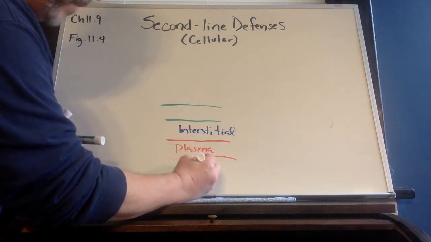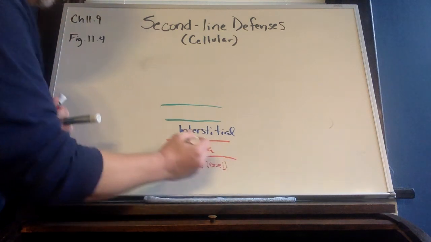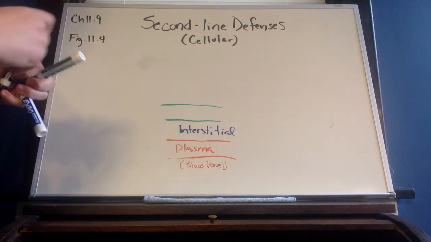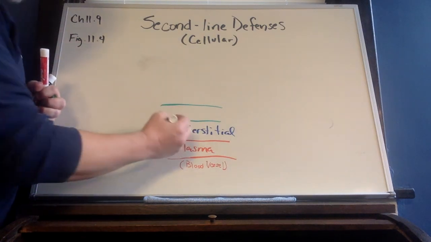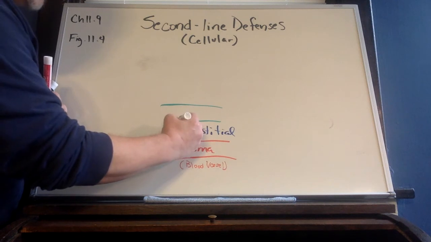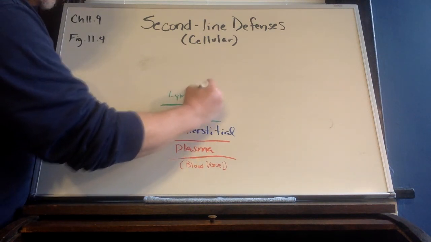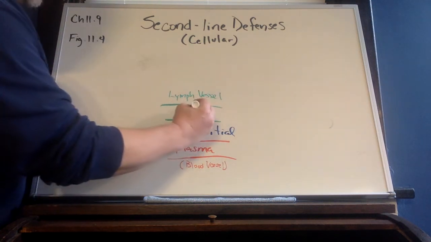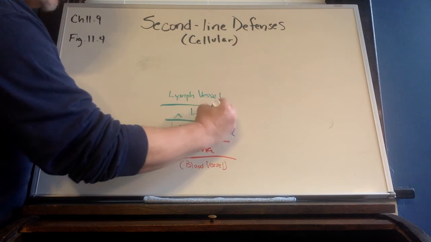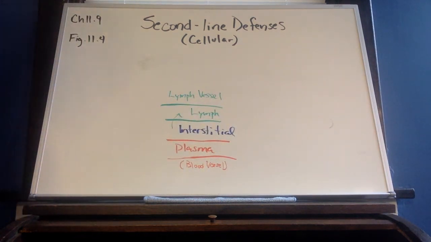So the red is my blood vessel. The fluid outside of it is the interstitial fluid. And then the fluid does not go back into the blood vessels, but instead it will go into the lymph vessels. And as soon as the interstitial fluid moves into that, the lymph will now reside within that lymph vessel.